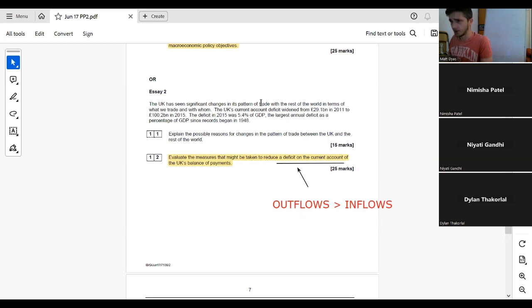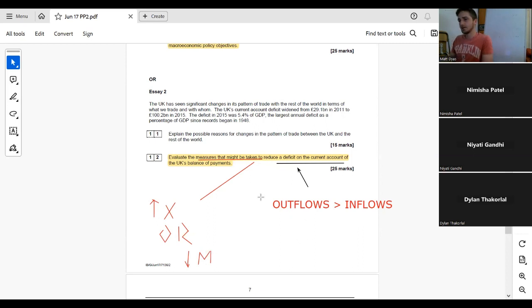So the measures that might be taken could include increasing exports or decreasing imports.